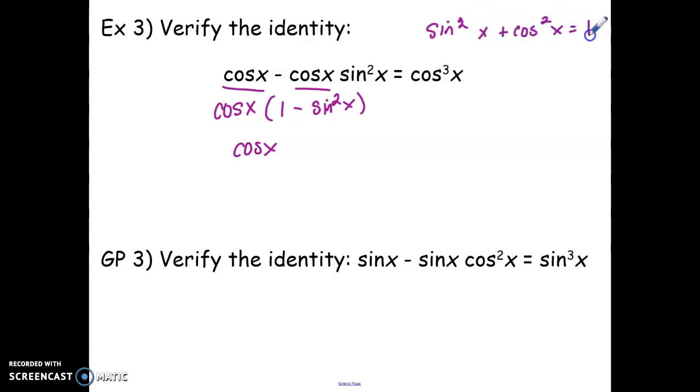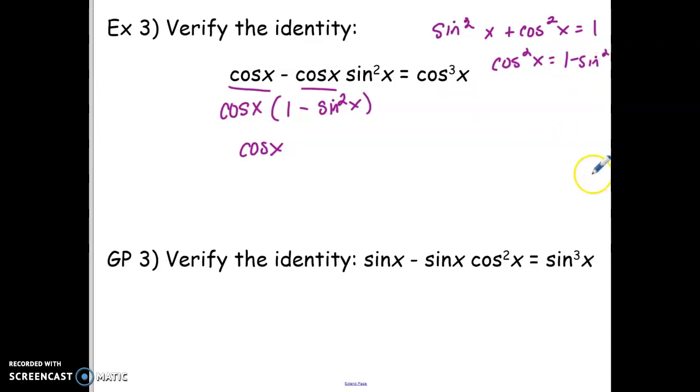If I were to move this over, cosine squared is equal to 1 minus sine squared. So I'm going to replace that 1 minus sine squared with a cosine squared. So I end up with cosine to the third of x equals cosine to the third of x.